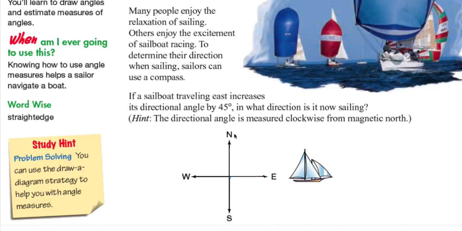So if this is our magnetic north, and this is our compass rose, saying that the sailboat is traveling east, and as it travels east, it changes its directional angle by 45 degrees.